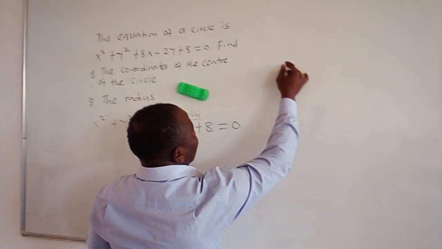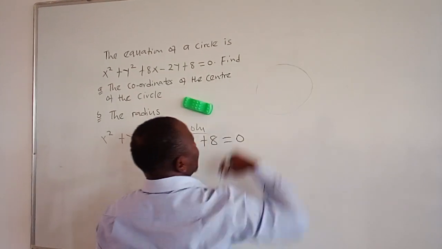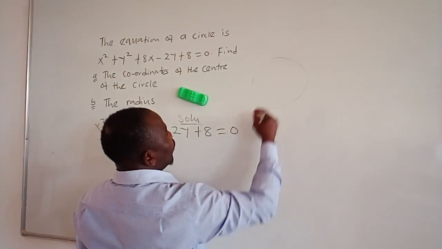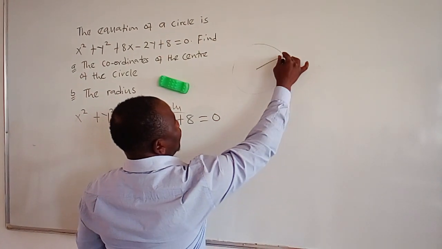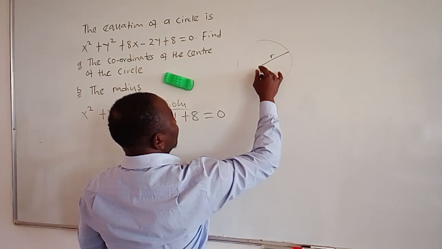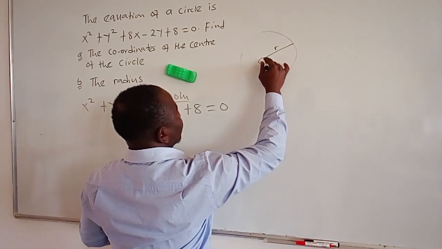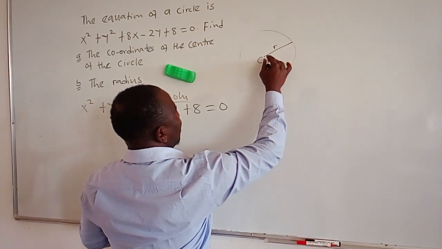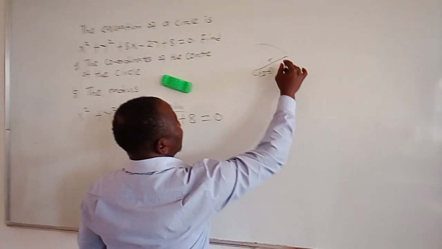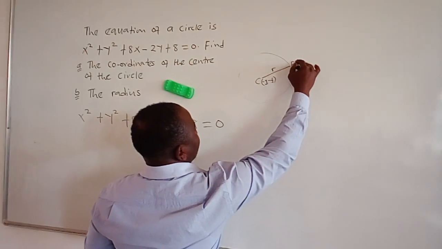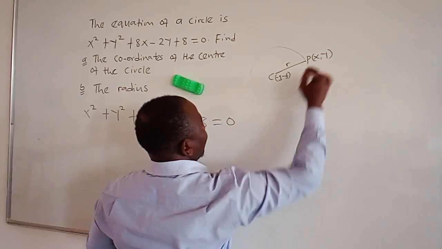We know that our circle is in this form. This is our center. Here is our radius. The center C means our g is negative and our f is negative at point x, y.